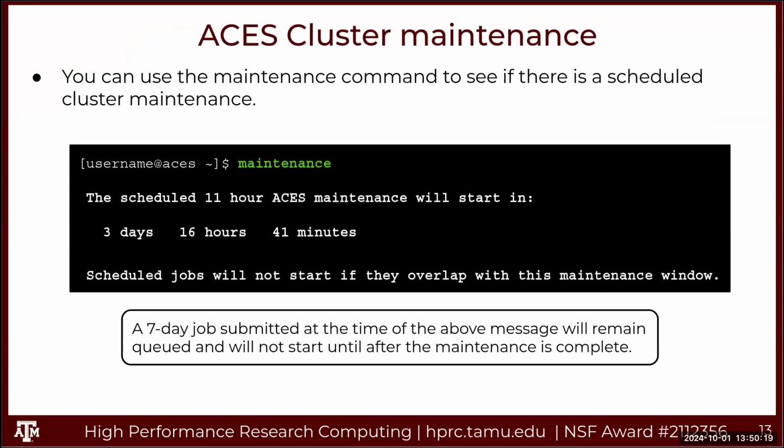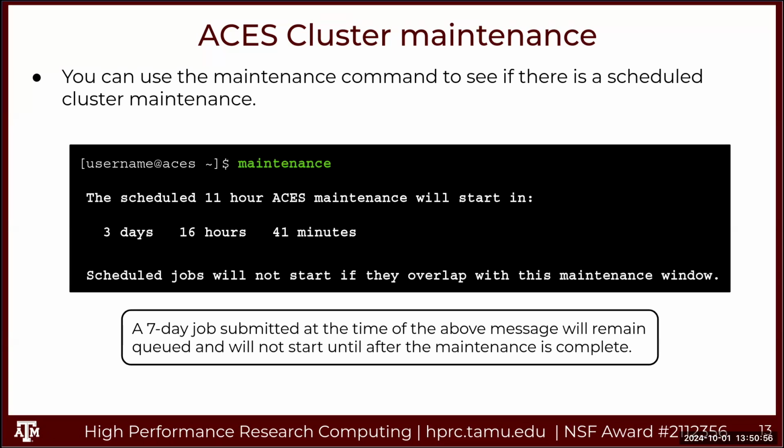All right, maintenance. This is what it looks like. If there is a scheduled maintenance, it'll give you the countdown. For example, if you ran this command and there were 3 days, 16 hours, 41 minutes, and you launched your 7-day job, it will not start until after the maintenance. But if you were confident that your job could complete in 3 days, then you could change the time to 3 days and 10 hours or 16 hours, if your job launches within 41 minutes.